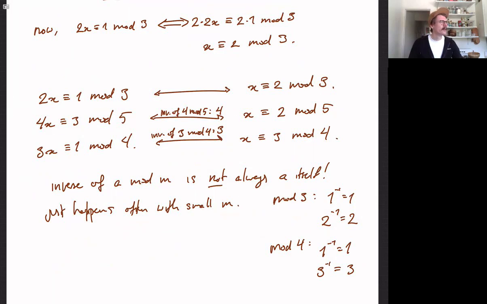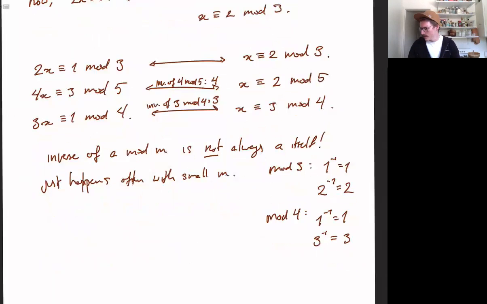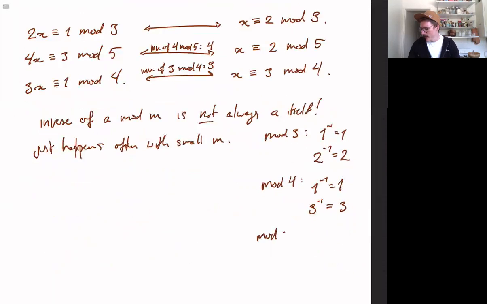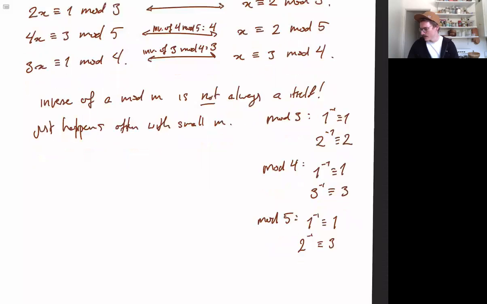Let's see. When we start mod 5, I think you start to see examples where it's not always that. So 1 inverse, let me put little congruences here since we're working mod something. 1 inverse is 1 as always, but now 2 inverse is not 2, because 2 times 2 is 4. 2 times 3 is 6, which is 1 mod 5. So these things are inverse to each other.